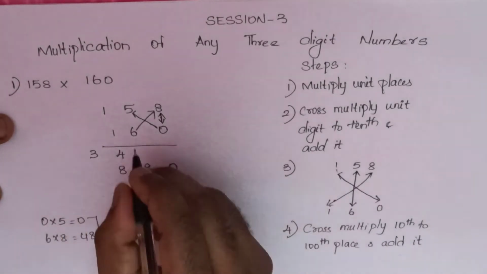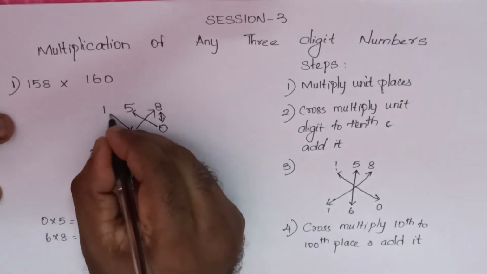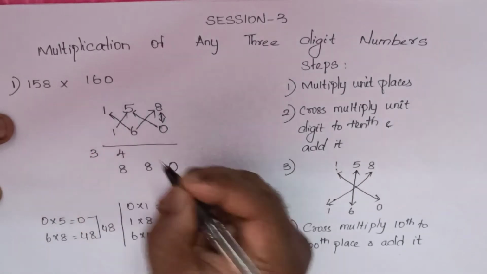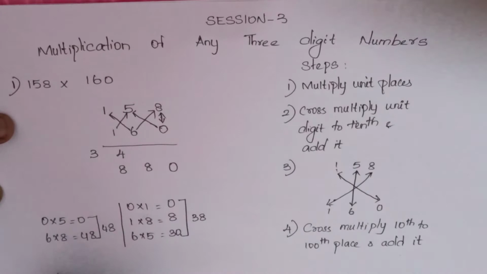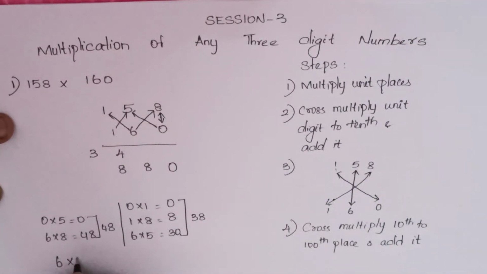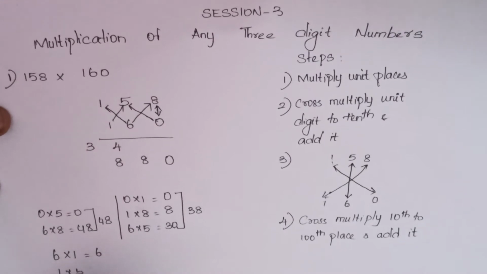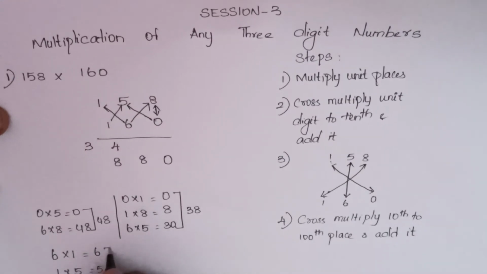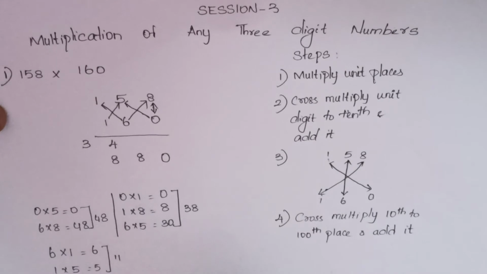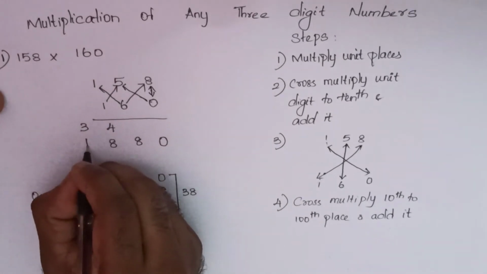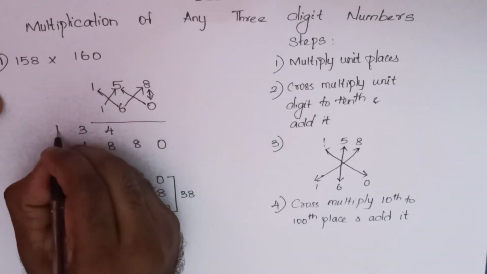So here 6 to 1 and 1 to 5. 6 into 1 is 6, and 1 into 5 is 5. So 6 plus 5 is 11. So you have to put 1 here and 1 as a carry.